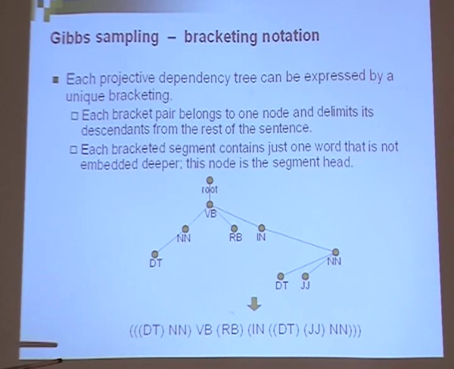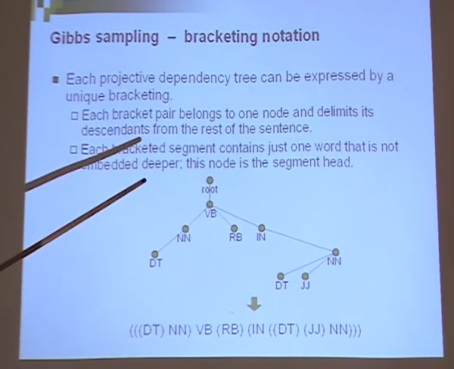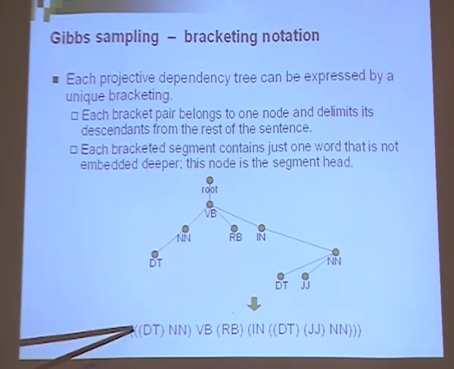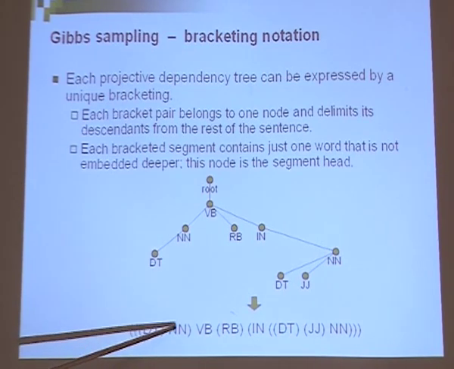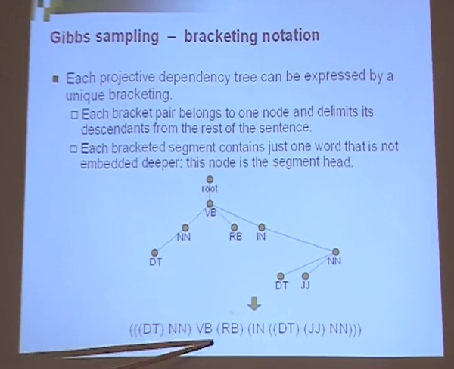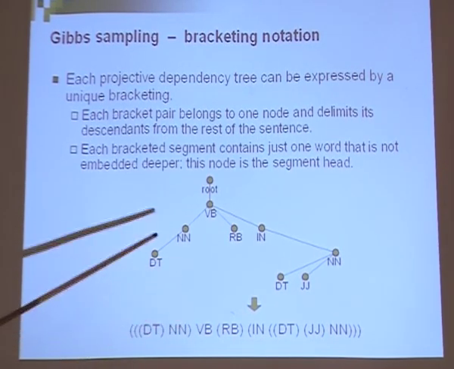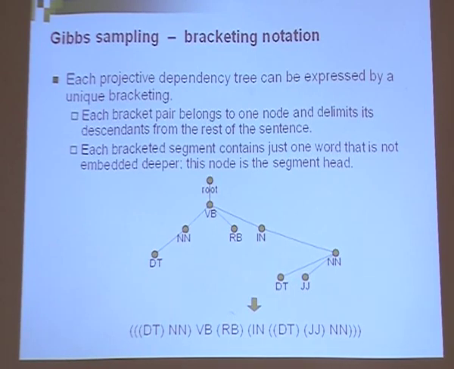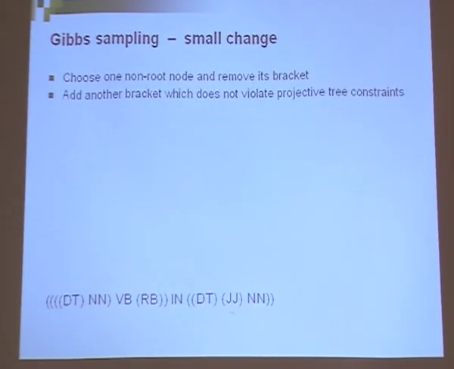Each pair of brackets belongs to one node and delimits its descendants from the rest of the sentence, and each bracketed segment contains just one word that is not embedded deeper, and this is the head of the segment. For example, here we have the bracket with DT and N, and the head of these two nodes is N. And the head of the whole sentence is VB, because VB is not in the brackets. So this notation we will use for the description of the small change.